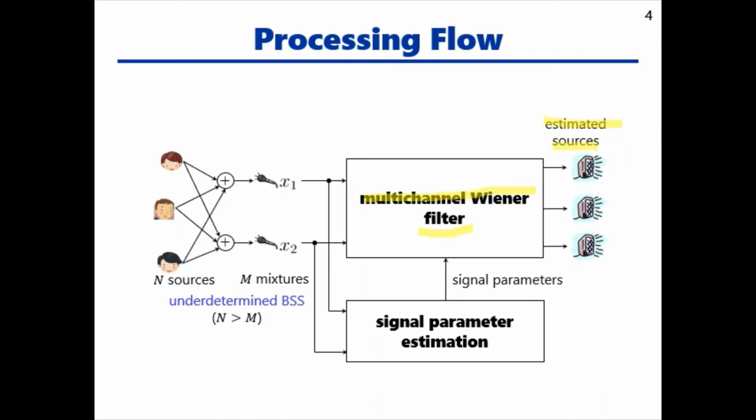To design the multi-channel Wiener filter, we need to know parameters of source signals, such as power spectra and mixing vectors. Since these parameters are not given a priori in a blind setting, they must be estimated from the mixtures.